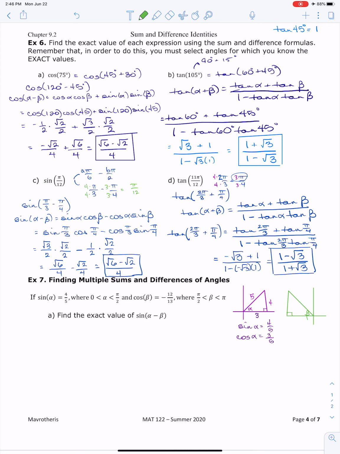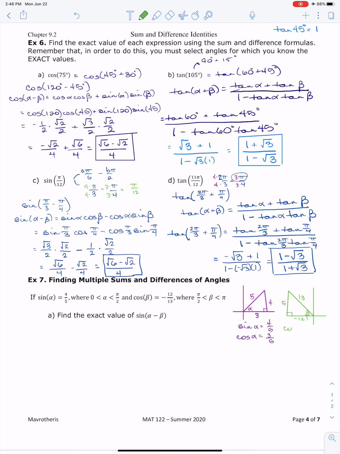My cosine, adjacent over hypotenuse, is negative 12 over 13. So negative 12, 13. This is another one of our Pythagorean triples. You can check this out. 12 squared is 144. 5 squared is 25. 144 plus 25 is 169. Square root of that is 13, so I'm good.